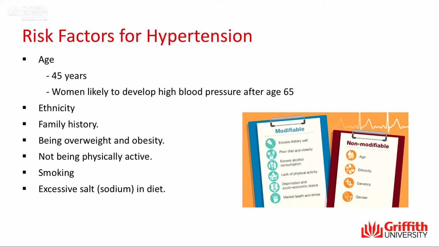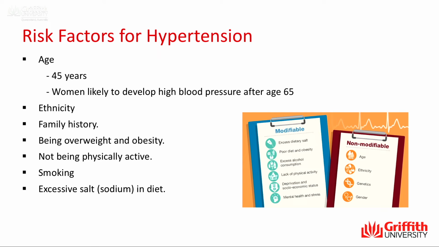So touching on the risk factors for hypertension. Age, so we know that 45 years is approximate age. We see a lot of hypertension diagnoses. Men are at greater risk of hypertension.